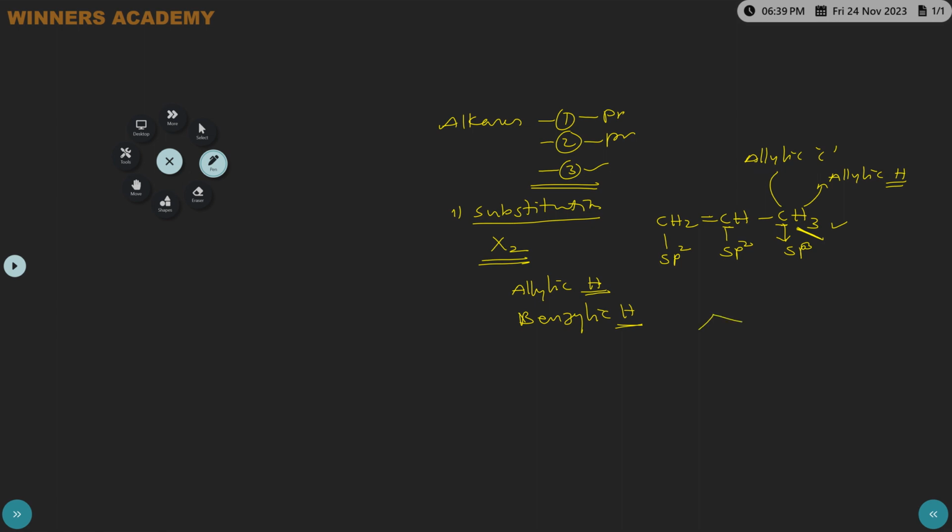And benzylic: what is benzylic carbon? This is a phenyl group, and here this is a CH3. All carbon atoms in benzene undergo sp2 hybridization. The sp3 hybridized carbon atom attached to an sp2 hybridized carbon of the benzene ring or phenyl ring is called benzylic carbon.